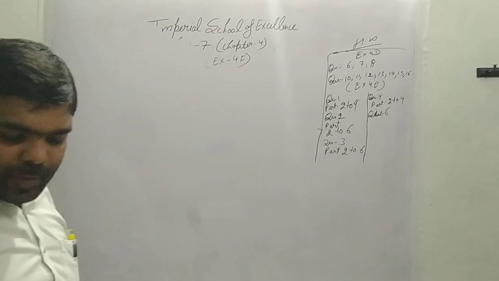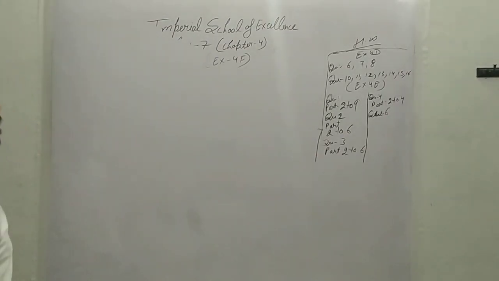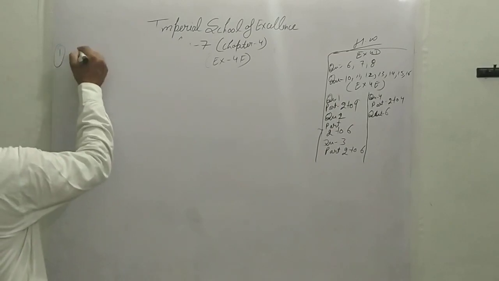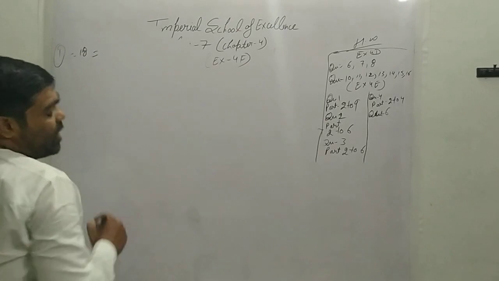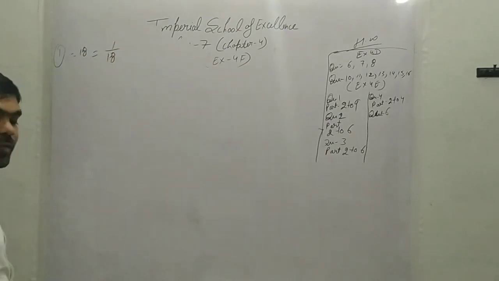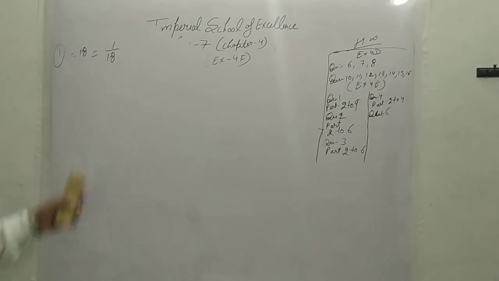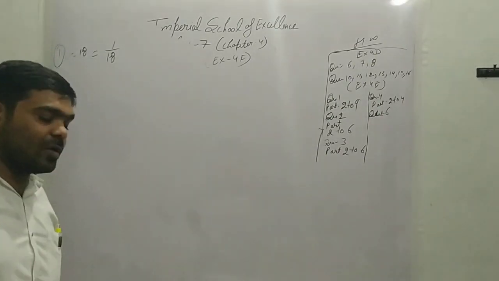Find the multiplicative inverse or reciprocal of each of the following. Question number 1 is 18. You have to find the multiplicative inverse and convert it to the reciprocal, that is 1/18 will be your answer. Simply you have to change it to the reciprocal, and if there is any minus sign given, you have to remove the minus sign also.